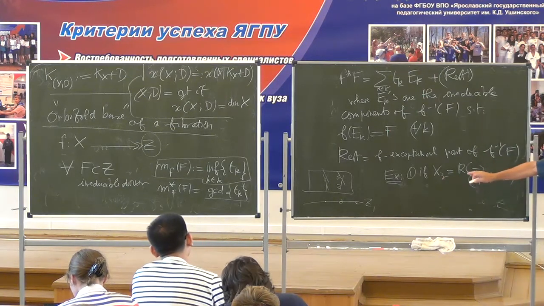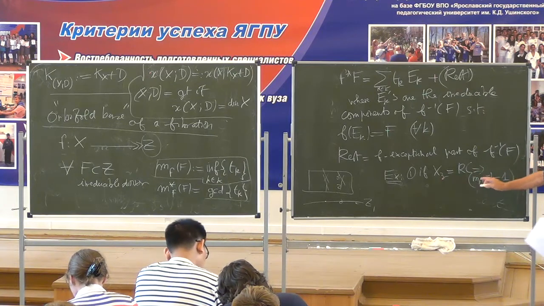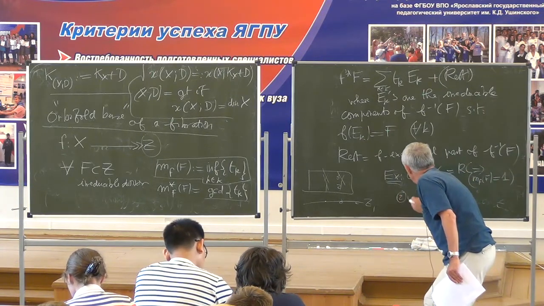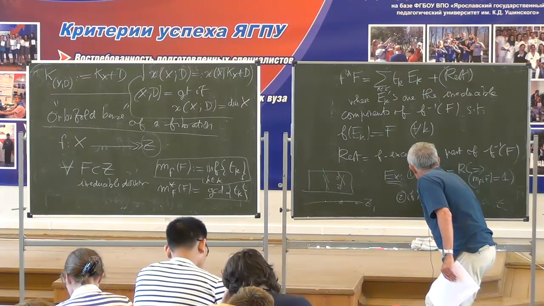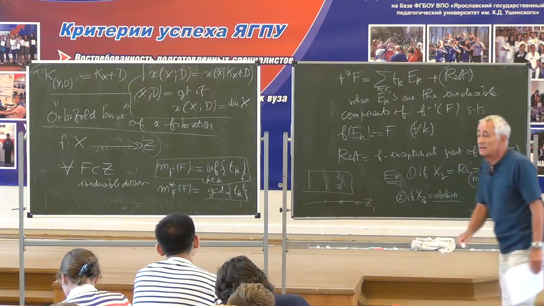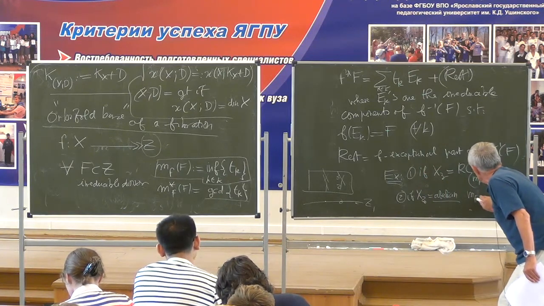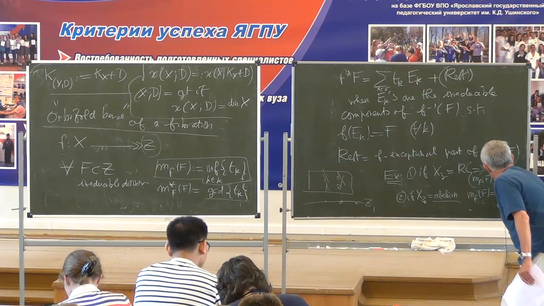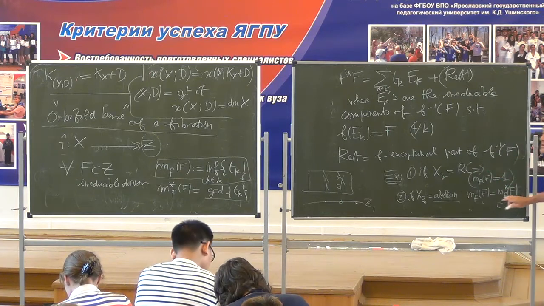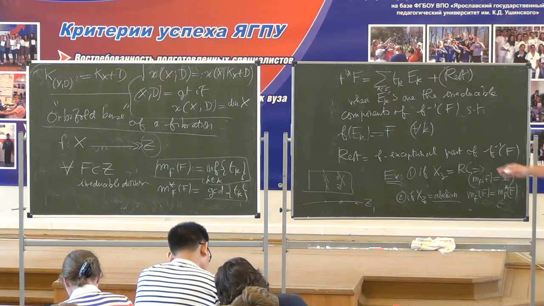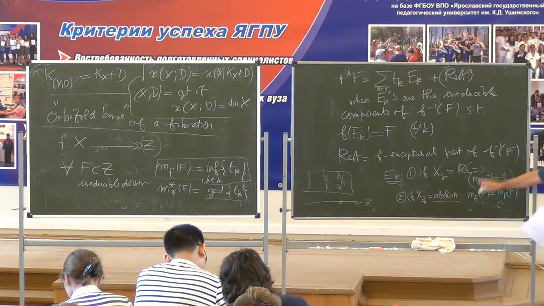This is a theorem of Graber-Harris-Starr. This is a very important, non-trivial theorem. The second thing, if the generic fiber is an abelian variety, for example an elliptic curve, then we have also m_f(F) equal to m star_f(F). So you have no difference between classical multiplicities and the actual multiplicities in this case.